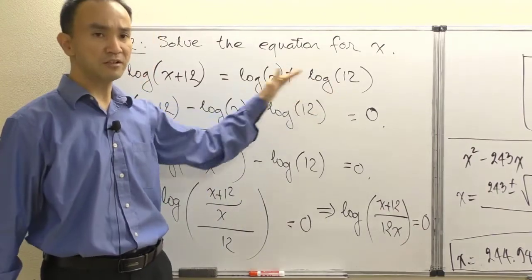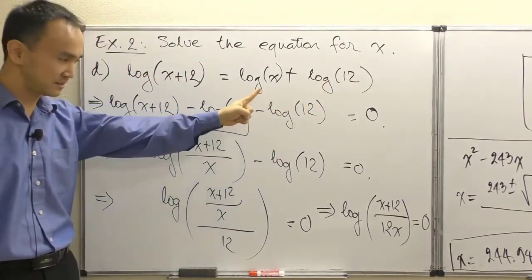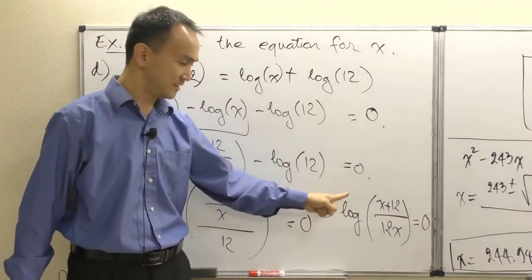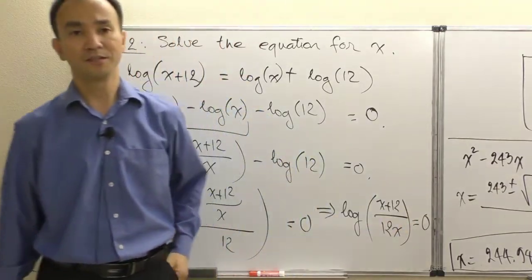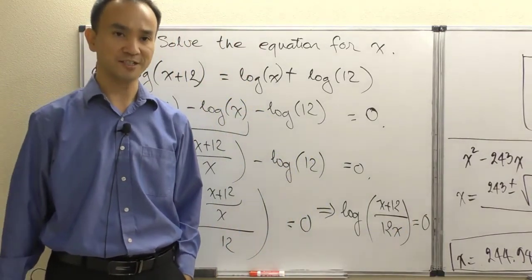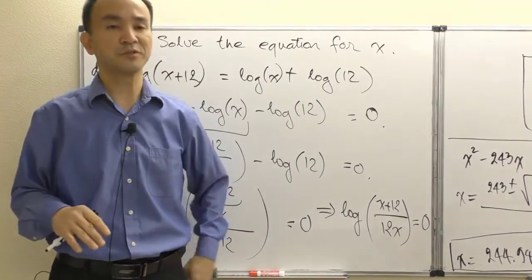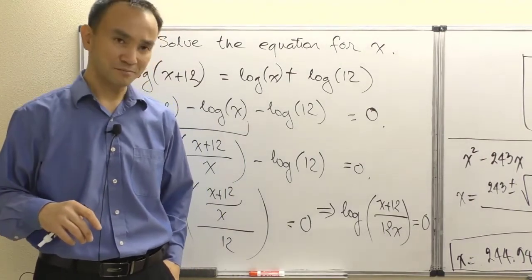From having log terms all over the equation, left-hand side and right-hand side, we have successfully brought it down to that similar form again: one log term equals a constant. It simply utilizes all of the properties we've learned regarding logarithms.